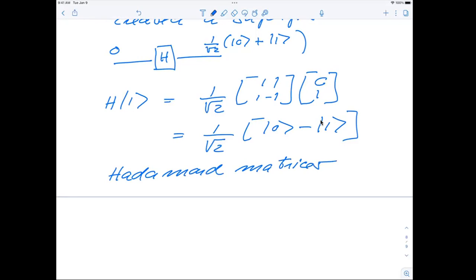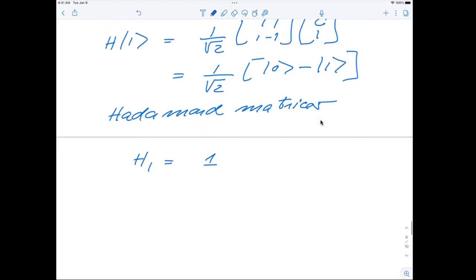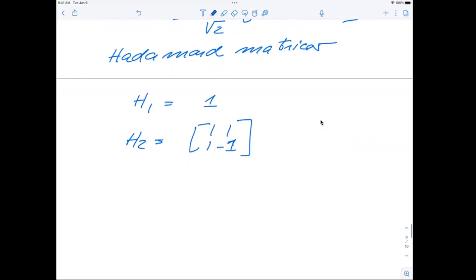So if I now take H1, this is just equal to 1, just a scalar. H2 then is given by 1, 1, 1, and -1. So this is the matrix we have been looking at. So that's a 2 by 2 matrix. And now we can generalize this to a matrix of dimensionality 2 to the power of k times 2 to the power of k.